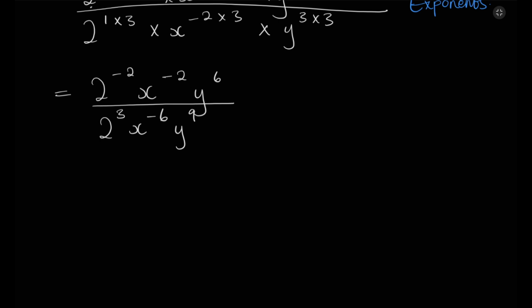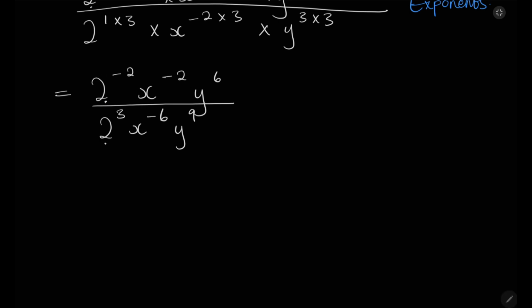Now, what should we do next? Let's check. Do we have any common bases so that we can simplify the numerator and the denominator? We have 2, x, y in the numerator, and in the denominator, we have 2, x, y. So we can subtract the bottom exponents from the top exponents. We look at our bases.